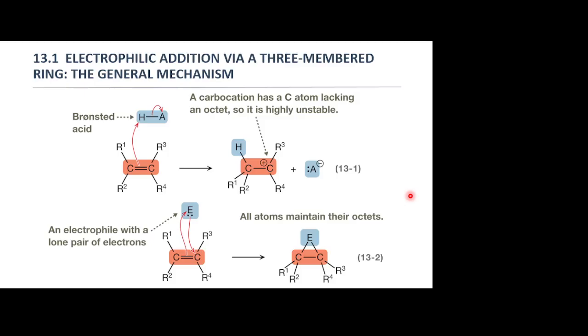All right, so this right here is our Bronsted acid. It's going to donate an H+, and you're all used to that, right? And then we have that conjugate base portion right here, which is that negatively charged species, like a bromide or something, right? And that's going to react typically with that carbocation, because that is an excellent electrophile at that point.